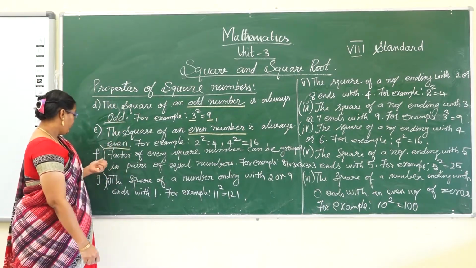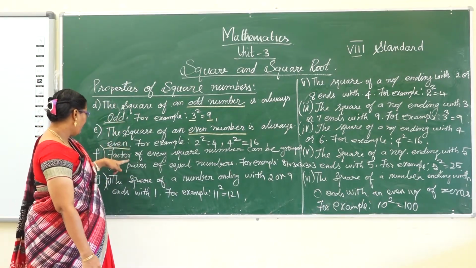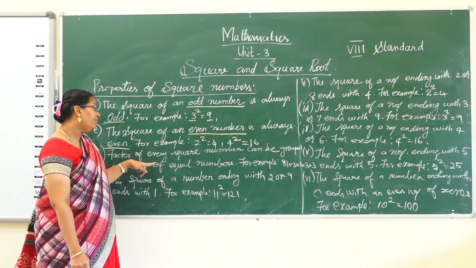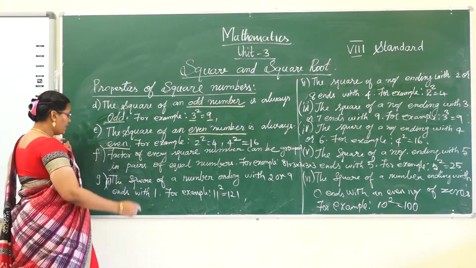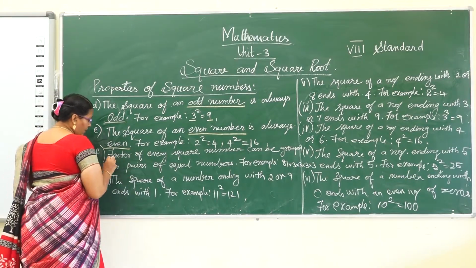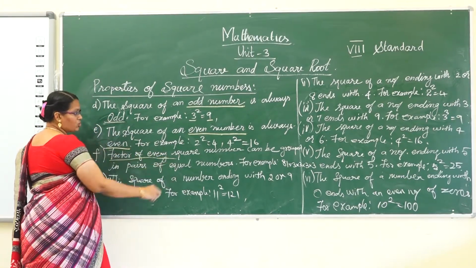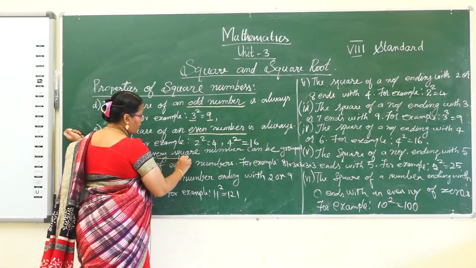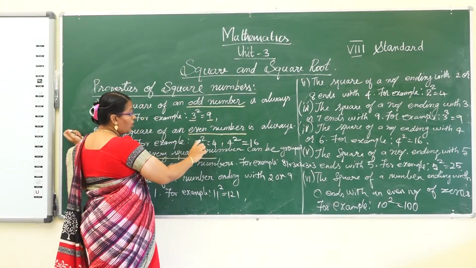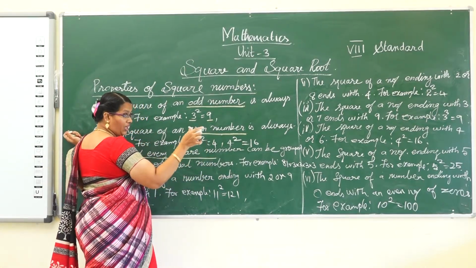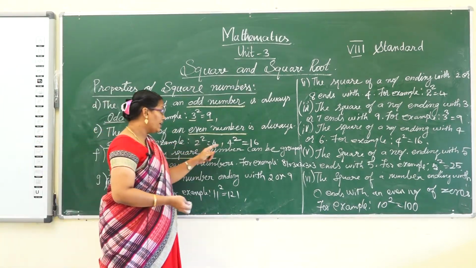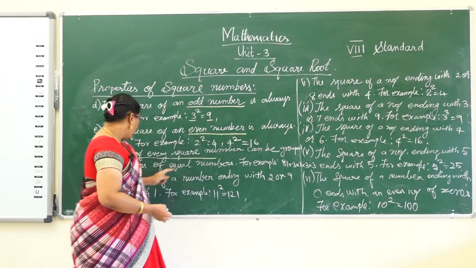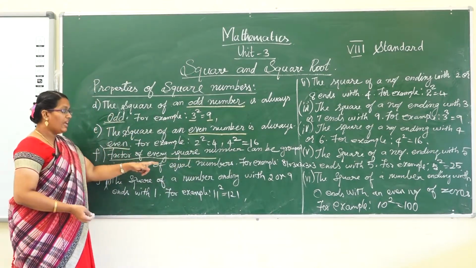Okay, and the next property: the factors of every square number can be grouped. Factors means multiplication factors, the multiplication factors of every square number. So 2 square is 2 into 2, one of the factors. So the factors of every square number can be grouped in pairs of equal numbers.